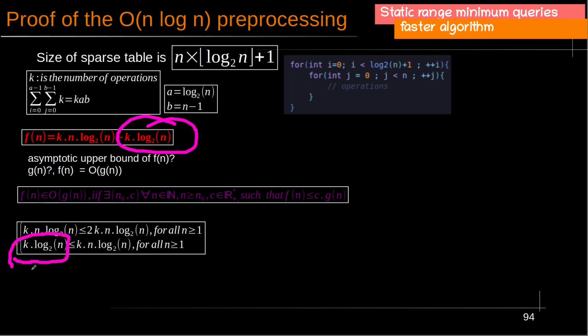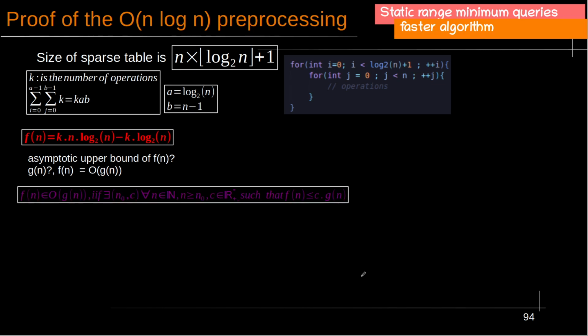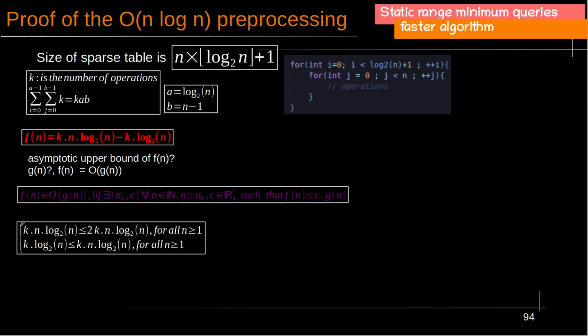This makes sense too, because we don't have n here. Okay. If we subtract these two parts, this one and this one, we're going to have our function here.